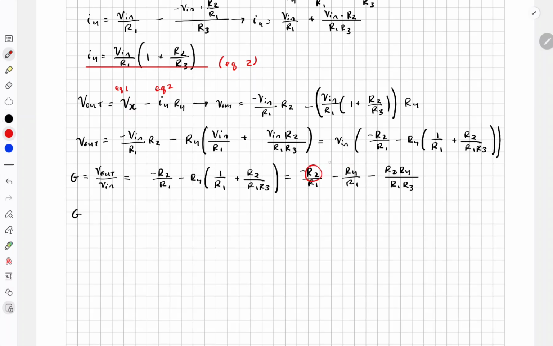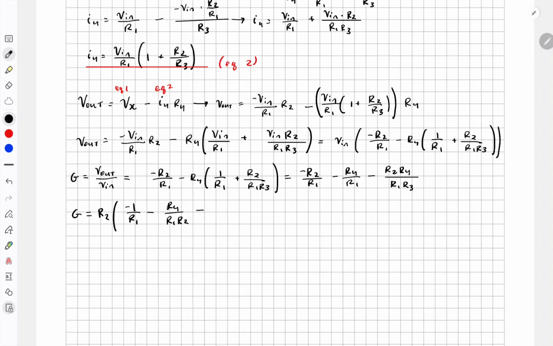What we can do is, there's an R2 here, and we can factor out the R2, but then introduce an R2 in the denominator here. So let's pull out this R2. Now it's just negative 1 over R1. There was no R2 here, so we have to put this R2 in this denominator.